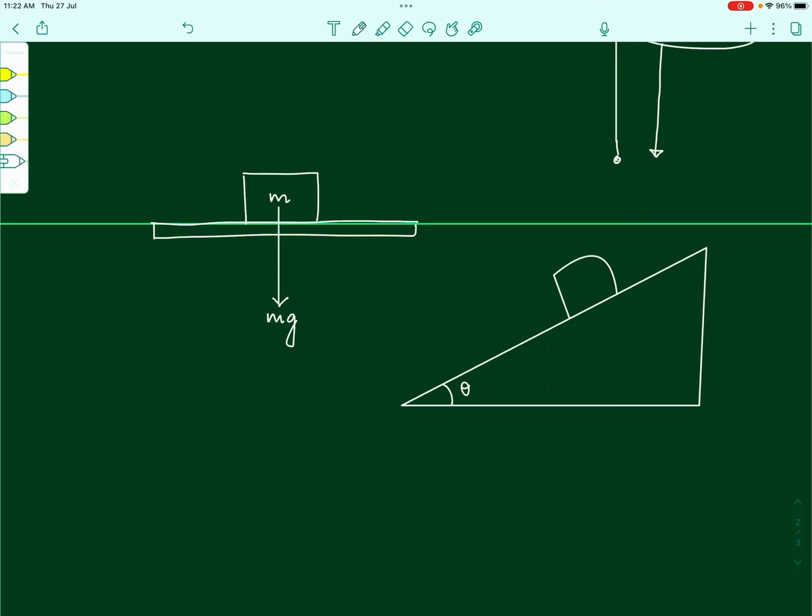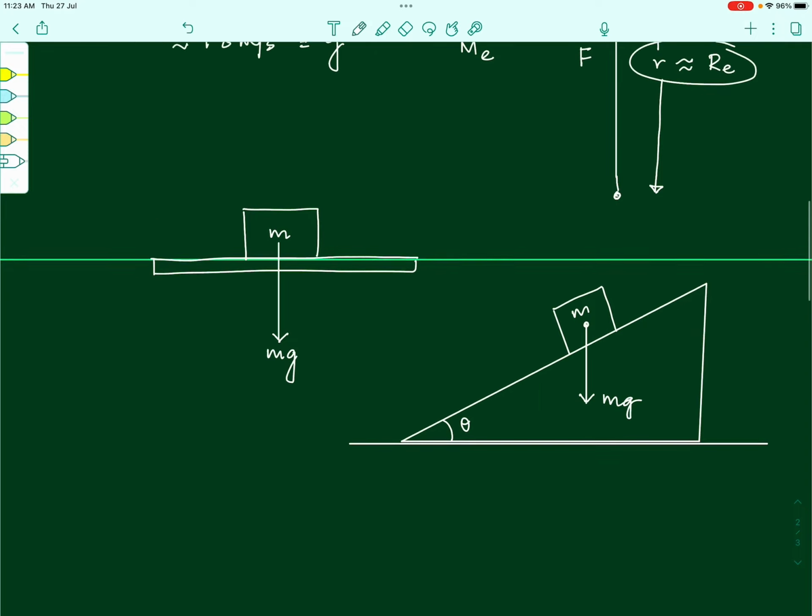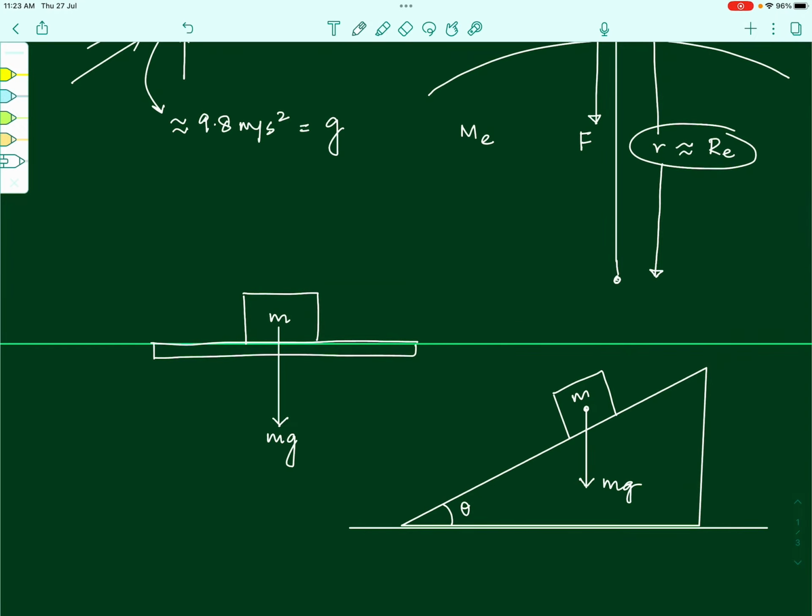Understand the block would be kept like this now, but in this case also, if the block has a mass m, do we understand that the gravitational pull acting on it will still be vertically downward, right? Because the earth's surface will be like this and it will be pulling the block towards its center. So the force will go vertically down always. So the gravitational force is always vertically downward for bodies which are kept on the surface of the earth.